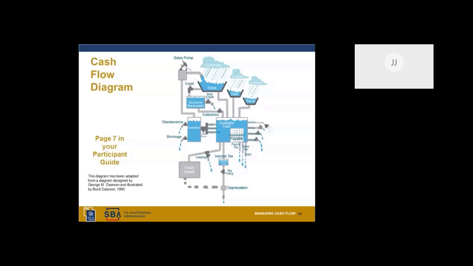The valves represent the decisions and the decision points that Bob has in starting his business and running his business. So he has to decide how much money he's going to spend, when he's going to spend it, and where he's going to spend it. So this diagram, you can think about the diagram and the theoretical case study that we've been talking about in this module.